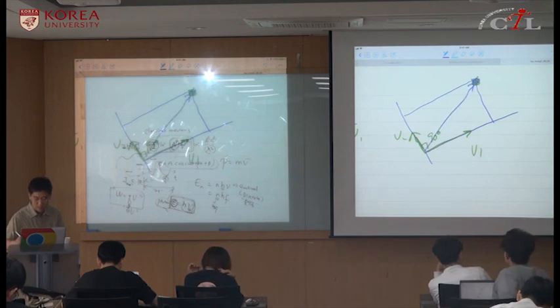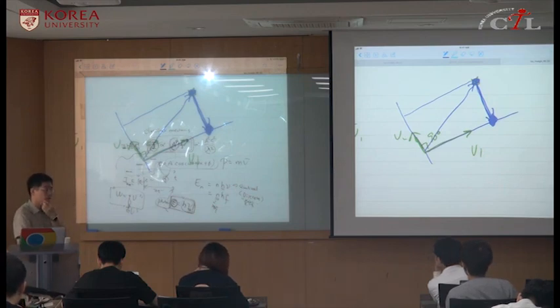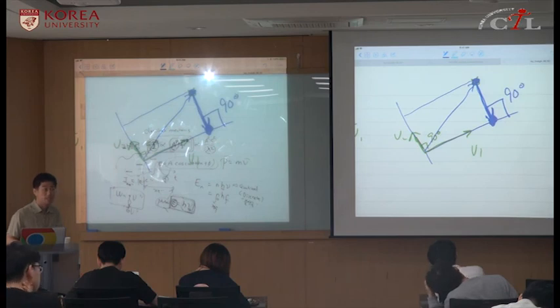This guy is projected onto this point. But this projection is independent of v2 as long as v1 and v2 are orthogonal bases, because this projection will always be 90 degrees. Okay.